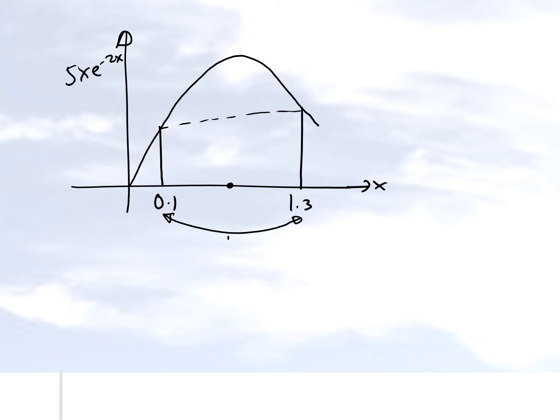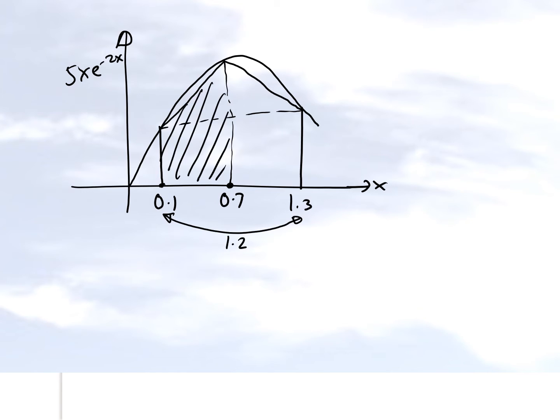That is a distance of 1.2. So that gives us 0.6 is the halfway distance from here to here. So this gives us a point of 0.7. So what I can do now is to draw this line and this line. So now I have this trapezoid and I have this trapezoid. So I have two trapezoids now.